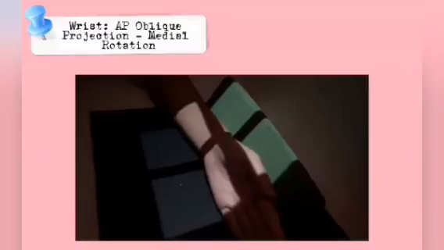Rotate the wrist medially until it forms a semi-supinated position of approximately 45 degrees to the IR. Central ray, perpendicular to the mid-carpal area. It enters the anterior surface of the wrist midway between its medial and lateral borders.